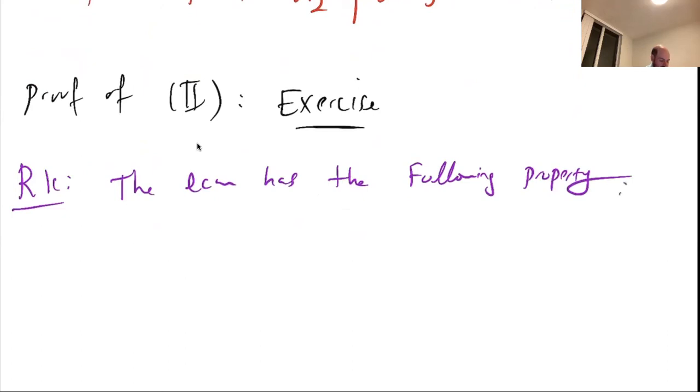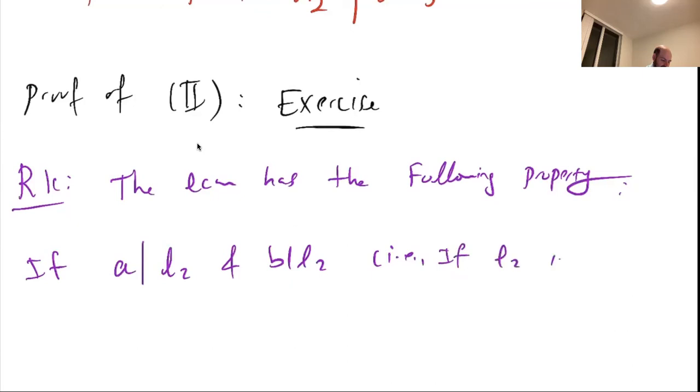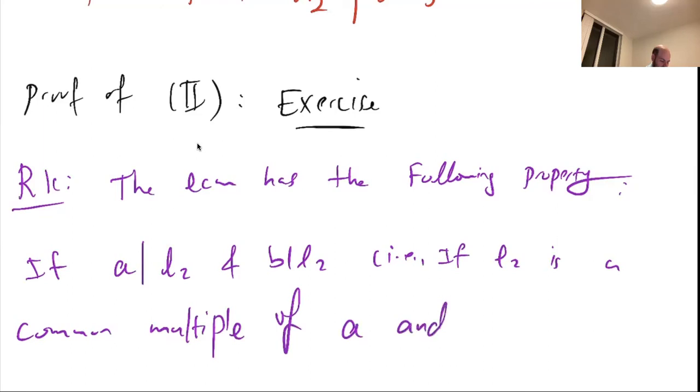If, let's say, A divides L2, and B divides L2, i.e., if L2 is a common multiple of A and B, then what happens here?